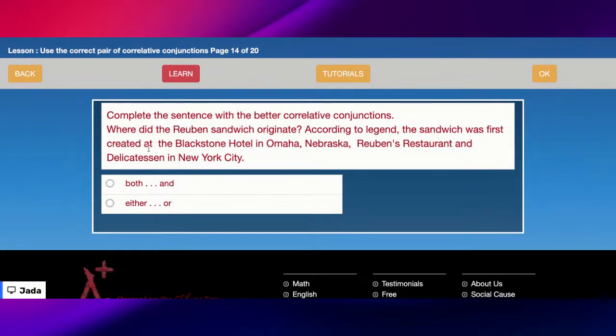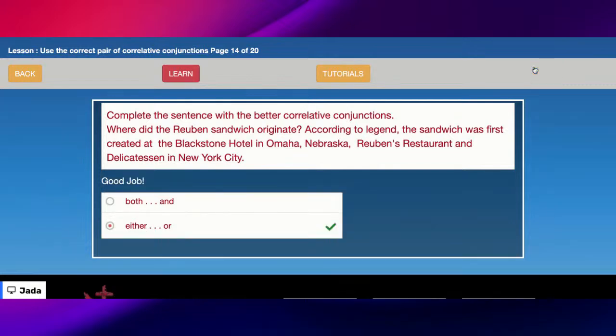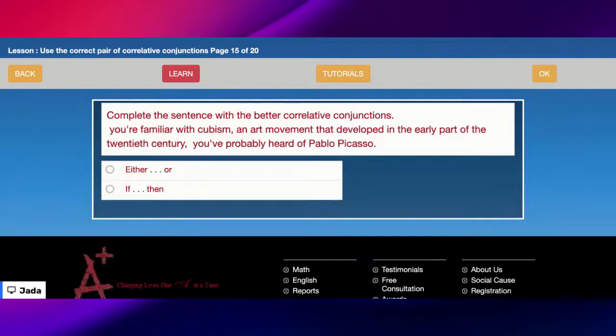So is it either? So this is between two things. It's either in the Blackstone Hotel or Reuben's restaurant. So it's between two things. Okay. So it's either-or.